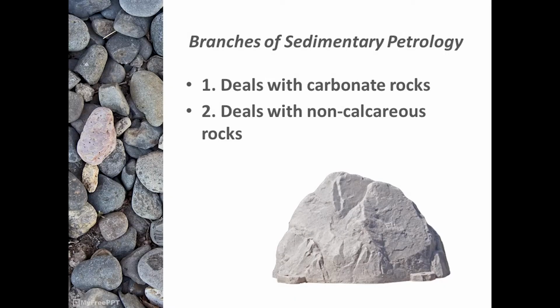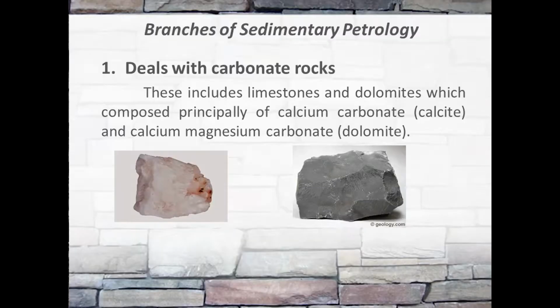Let's move on to the branches of sedimentary petrology. The first branch deals with carbonate rocks and the second branch deals with non-calcareous rocks. First is the branch that deals with the carbonate rocks. This includes limestones and dolomites, which are composed principally of calcium carbonate or calcite and calcium magnesium carbonate or dolomite.